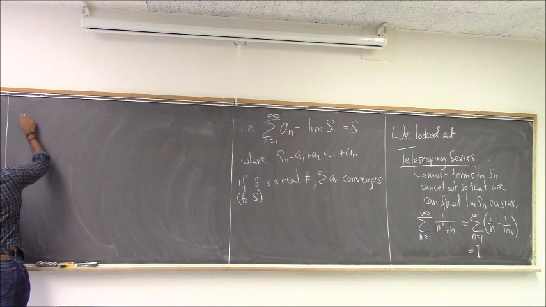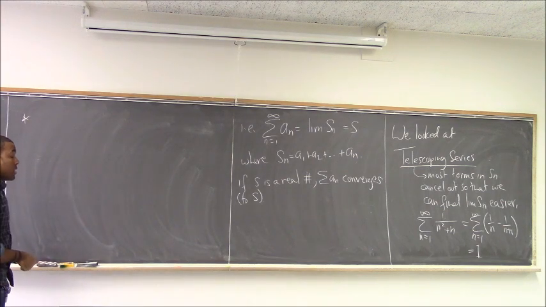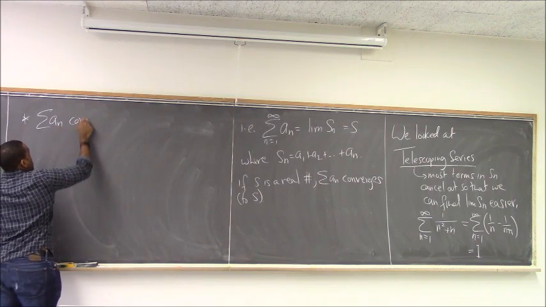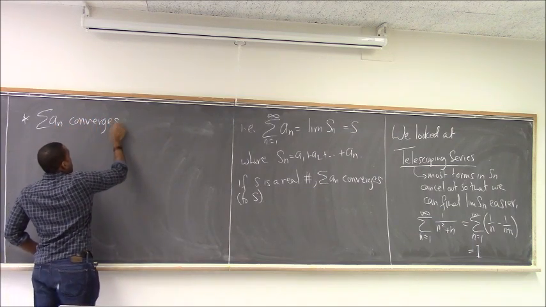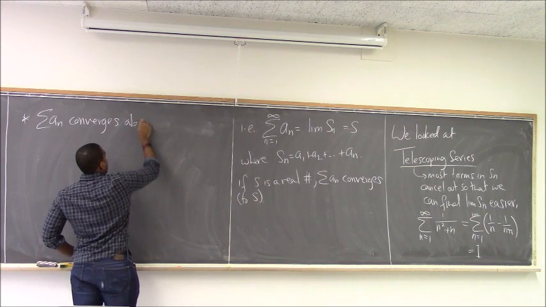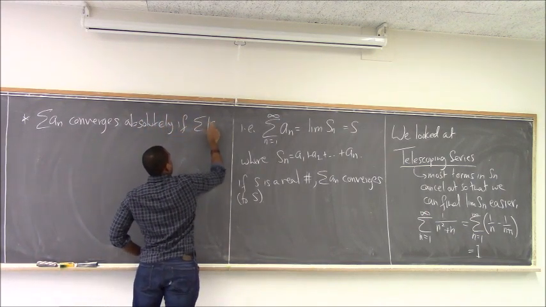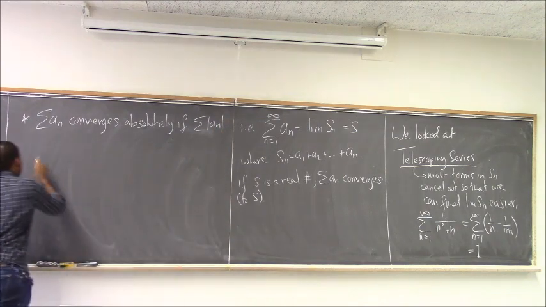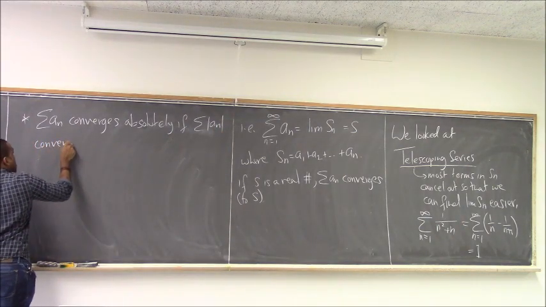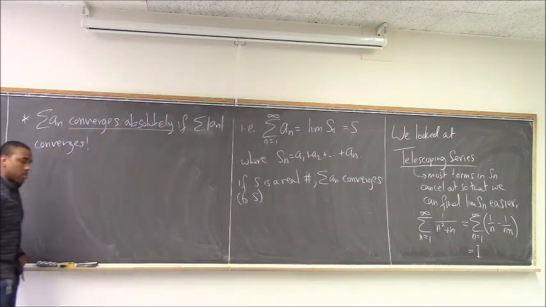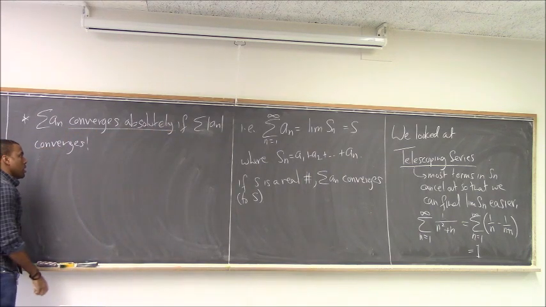Another thing you want to remember, and again, this is just a repeat of last time. We say this converges absolutely if the series with absolute values around the terms converges. Converging absolutely is a very important thing because of the rearrangement theorem.